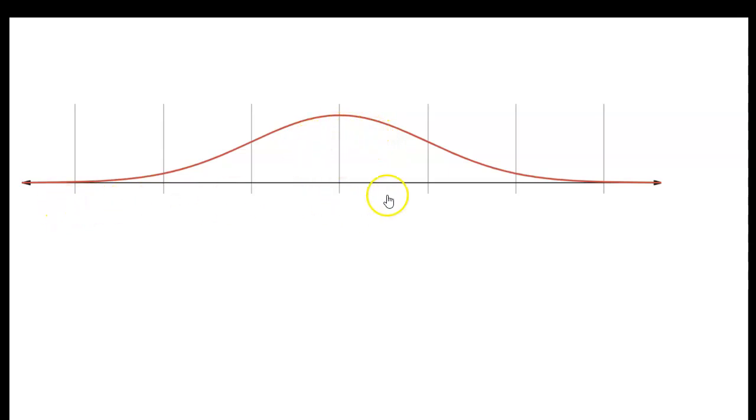But what I do need is this number line with marks at the center. And then again, I'm going to use these tick marks, like the tick marks that you see on a yardstick or a ruler, to help us fill in those standard deviations.